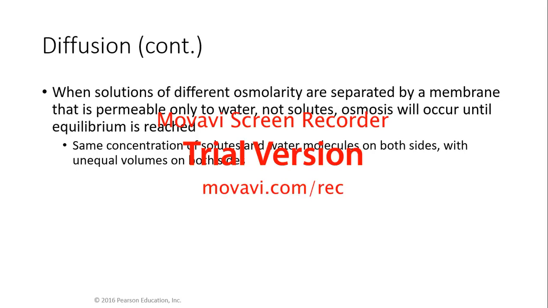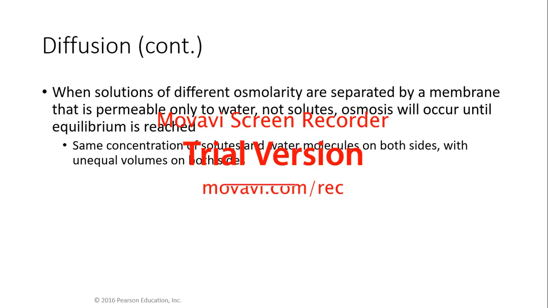So remember, this selectively permeable membrane only allows water to move. The particles can't move, so only water moves, and water is always going to move down its concentration gradient. It means it's always going to move from where it's highly concentrated to where it's lowly concentrated. Really the hardest part of this problem is figuring out which side of the membrane has the high concentration of water and which side has the low concentration of water.